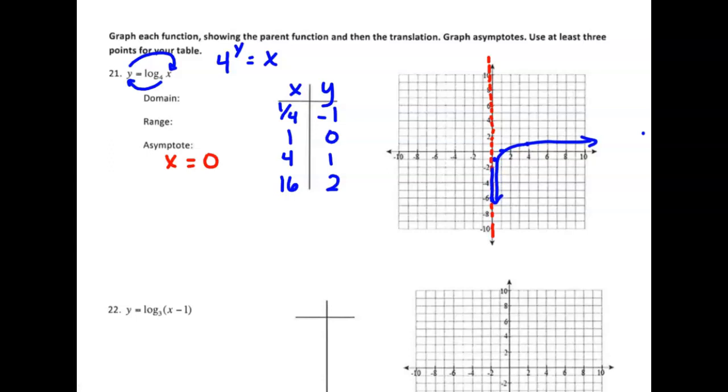All right. So make sure that you are staying to the right of that asymptote. That means our domain is everything to the right of 0, so x has to be greater than 0. And our range for logs is always all real numbers.